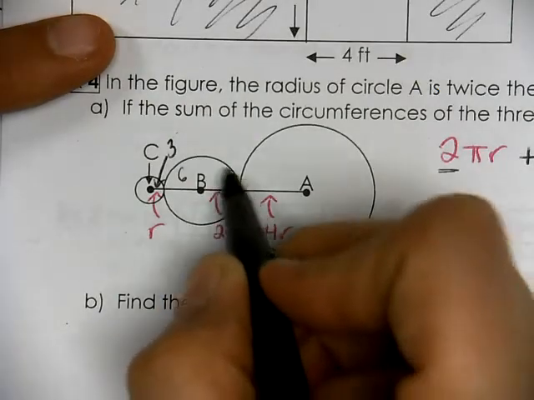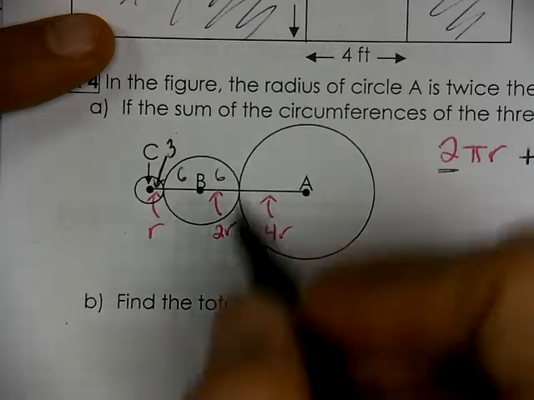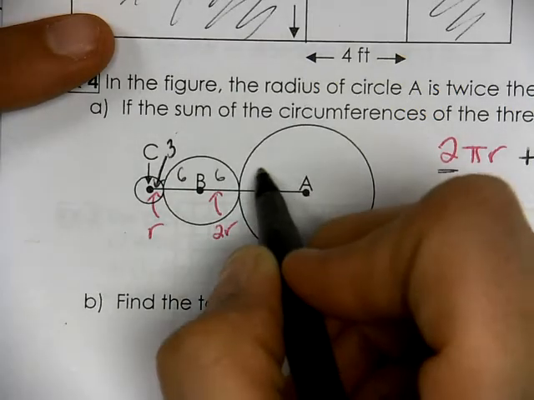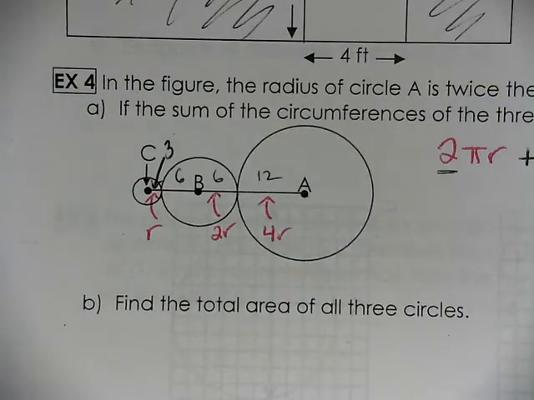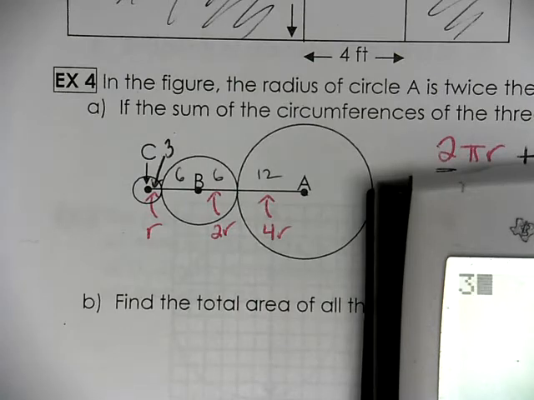From point B to the outside is another 6. Then from the outside of this circle to A is 12, because it's quadruple. So if I add all that together, I get 27.